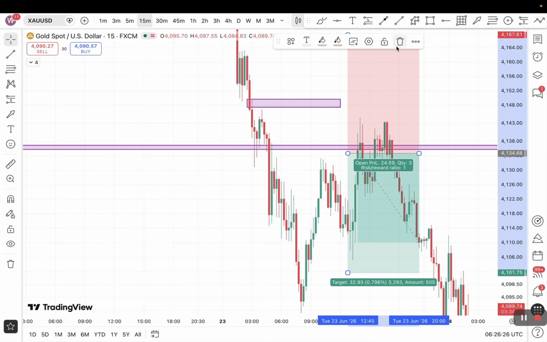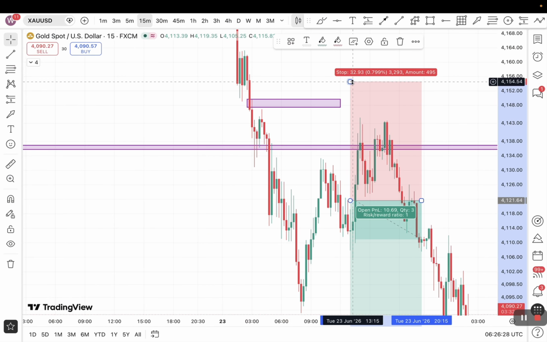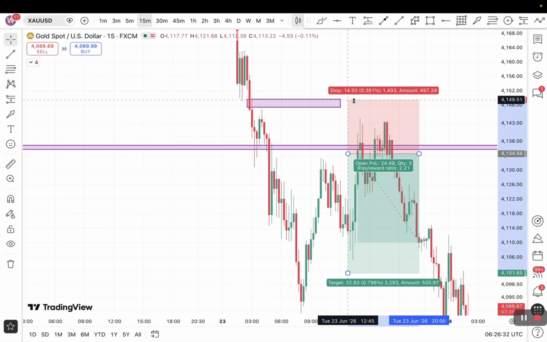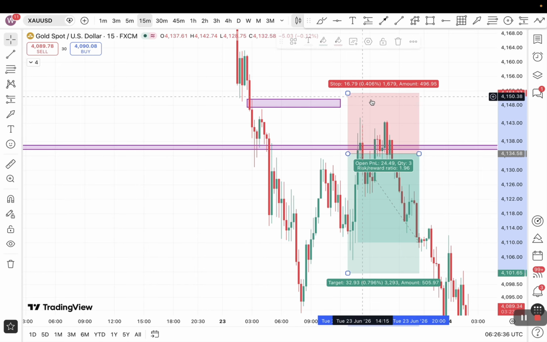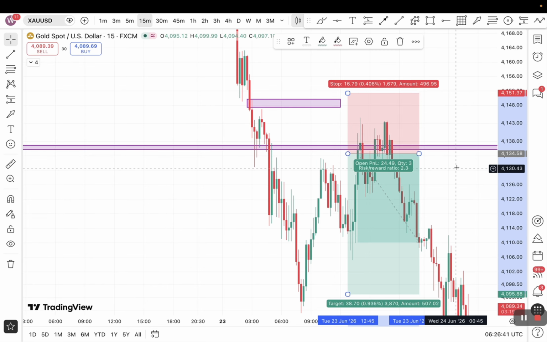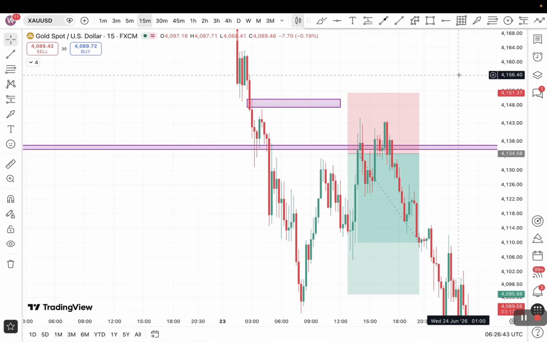After confirmation, I put my stop loss just around this zone. Then I target the recent low. I just took my trade, but I followed the confirmation candle before I took my trade.